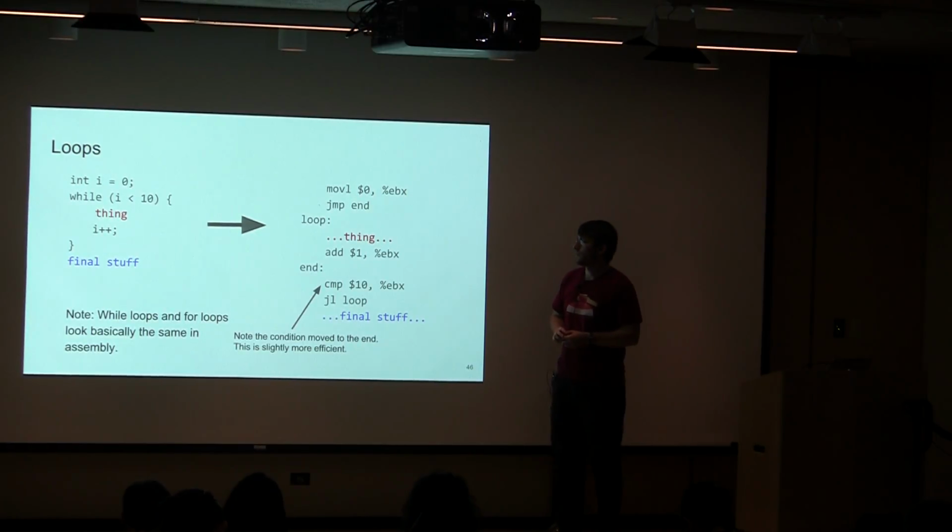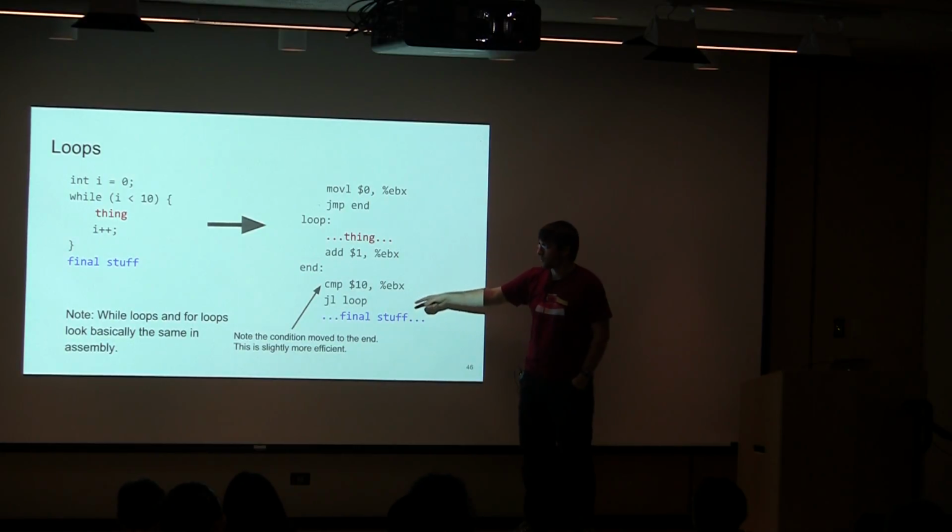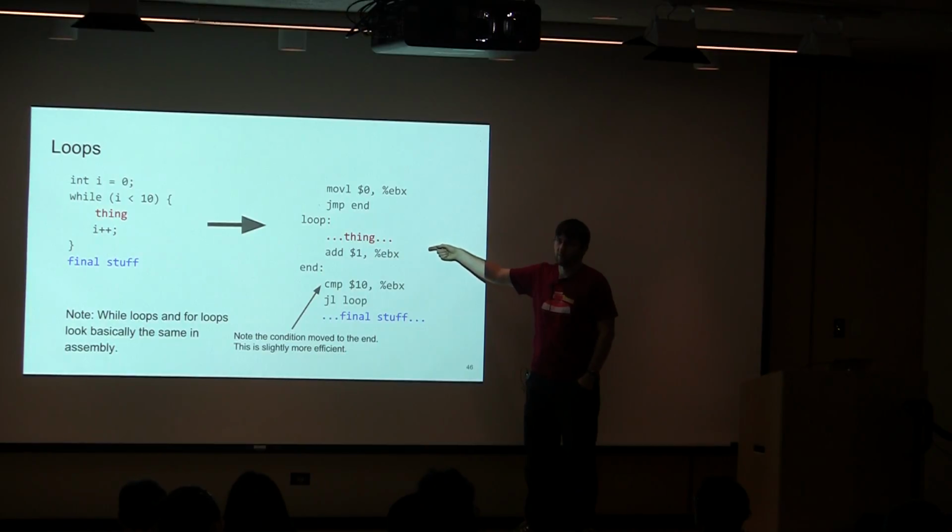So the one weird thing about loops is that GCC likes to put the condition at the end instead of at the beginning. So we jump down, and then we have this comparison down here, instead of the way it's written in C, where the comparison is at the top of the loop. So it jumps down, and then if the comparison is true, it jumps back to actually do the body of the loop.